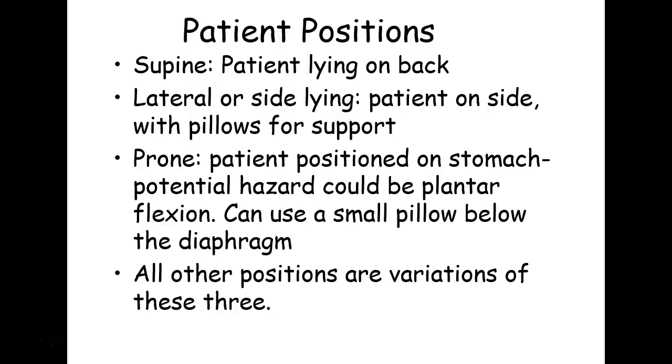So when we do a Foley catheter on a female, we use dorsal recumbent. And lithotomy position, which is a supine position with the feet in the stirrups. We use that for a vaginal exam. The dorsal recumbent position is supine with the head flat and the knees up and out to the side. So those are two supine positions.